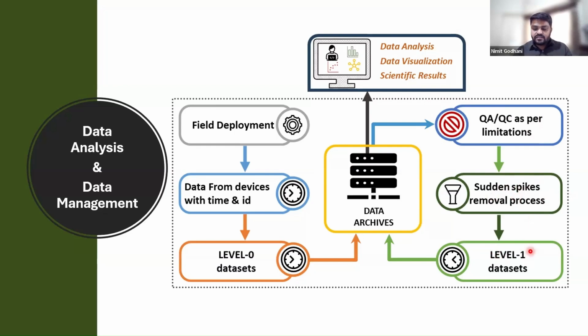Then we save those datasets as level 1 datasets. This data will also be archived, and from the archive you can use that data for scientific analysis, data visualization, scientific reports, policy making, and so on.